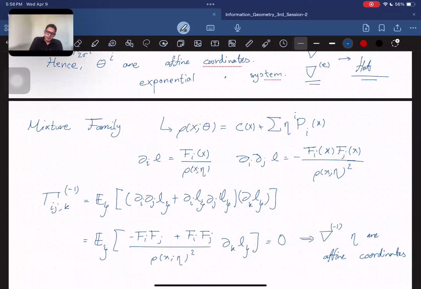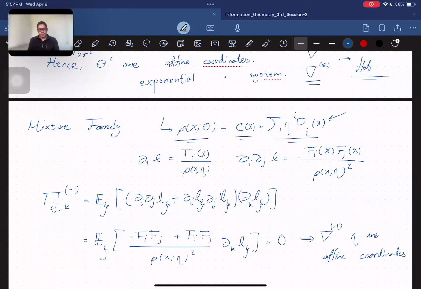We have the distribution which equals some constant and some parameterization or some summation over different distributions. So for example, if you have a mixture of Gaussians or you have a mixture of Poissons or you have a mixture of any distributions, so I have one normal distribution, one Poisson, I can show this as a mixture model. The p_i's don't need to be the same.